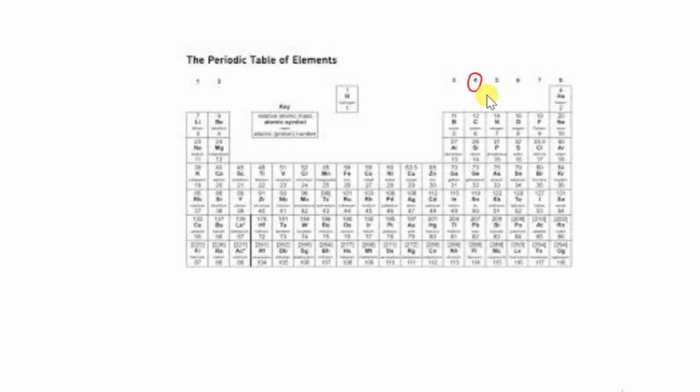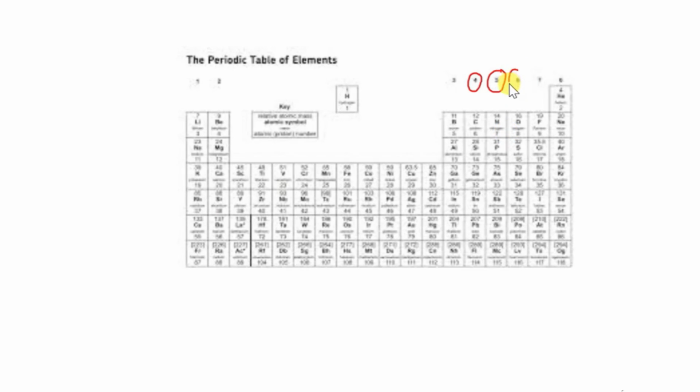So that means they can form 4 covalent bonds as they have 4 unpaired electrons. Likewise, elements in group 5 have 5 electrons in their outer shell. They can hold a maximum of 8, so they can form 3 covalent bonds.